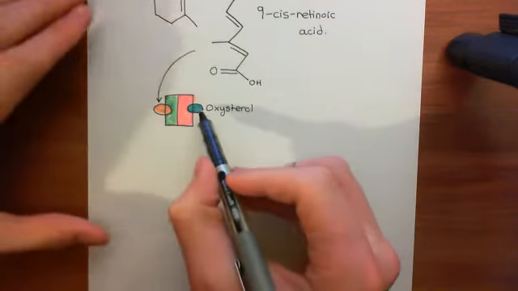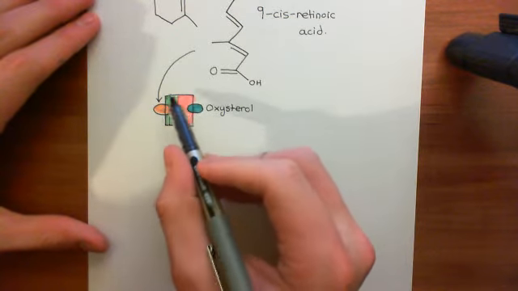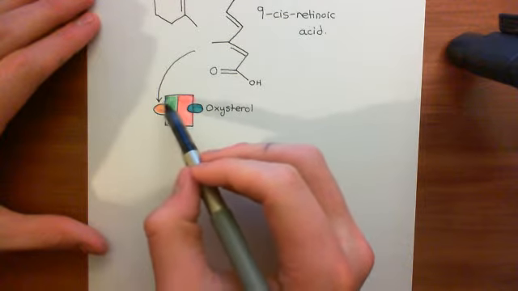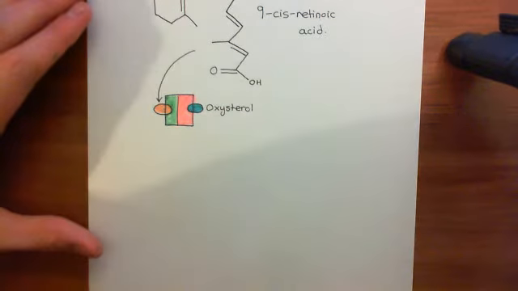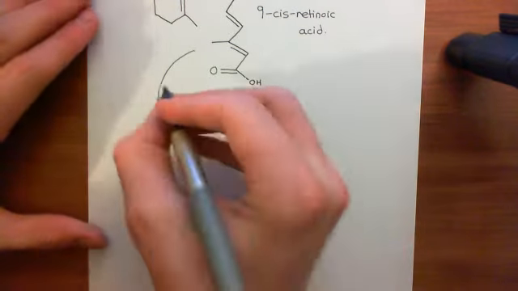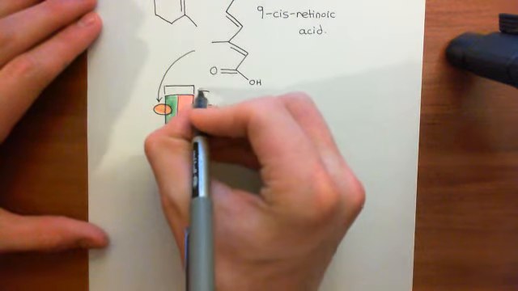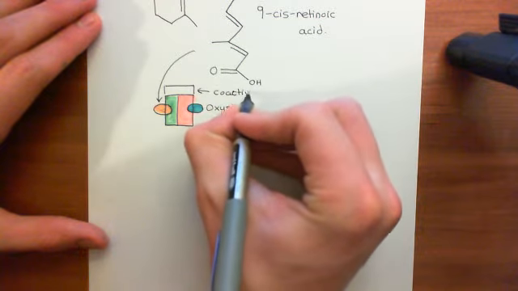So basically, when the oxysterol goes up, the oxysterol will bind to the liver X receptor. You'll then get this other ligand, 9-cis retinoic acid, binding, which, as long as you're not vitamin A deficient, you will have some of within your cells. And then the coactivator also binds. So this is the coactivator.